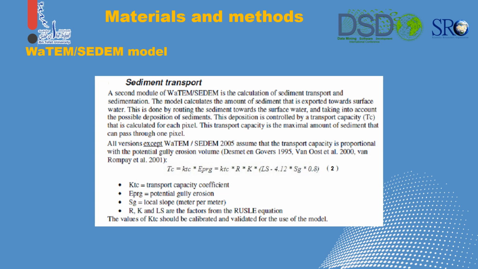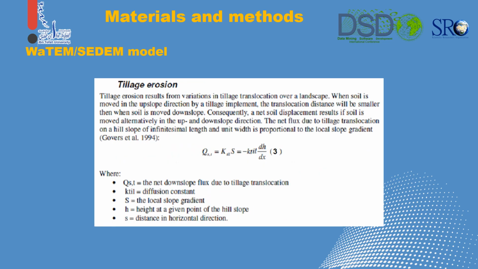TC is the transport capacity and it depends on KTC and the universal soil loss equation factors. Tillage erosion is calculated using the third formula, with Q the net downslope flux due to tillage translocation of soils.